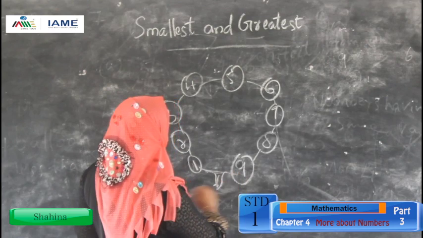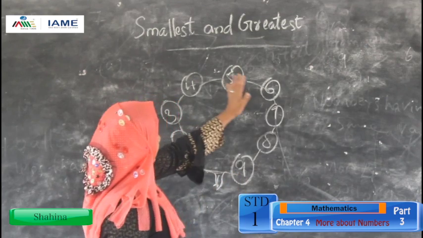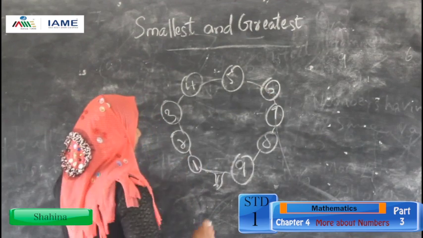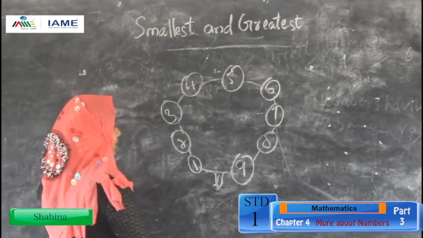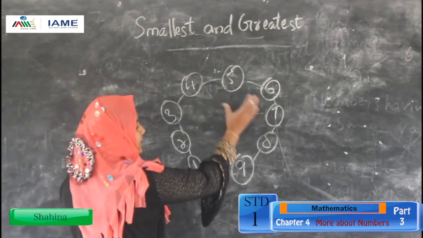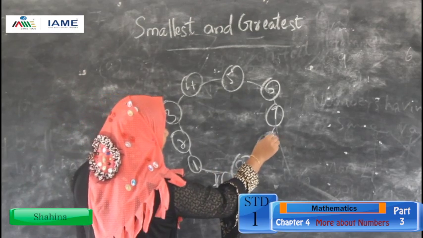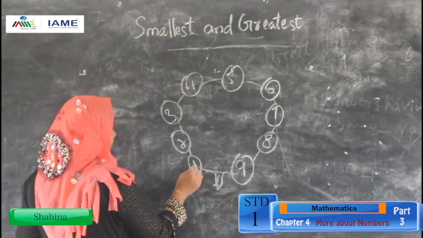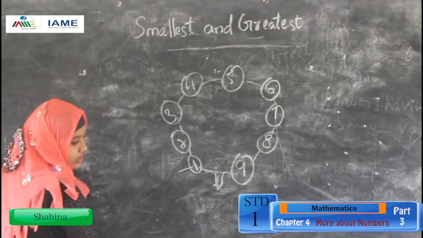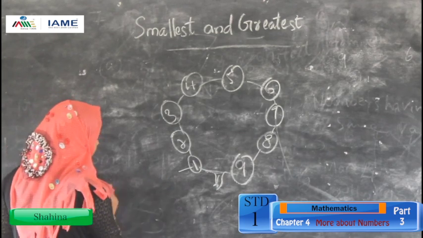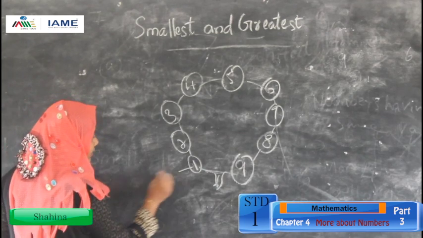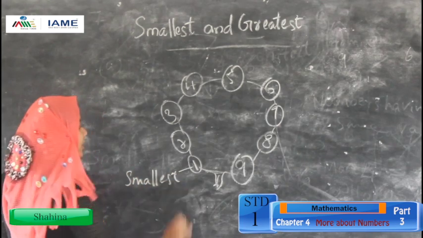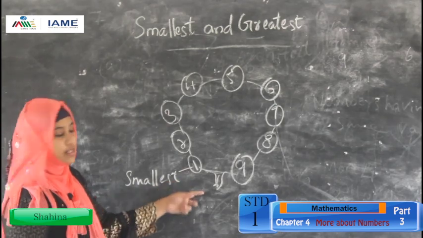In this number necklace, which is the smaller number? Which is the smaller number? Yes, this is the smallest number bead in the necklace. 1 is the smallest number bead in this necklace.